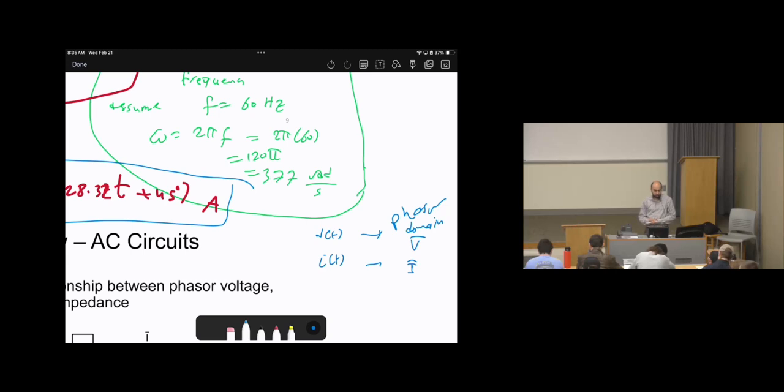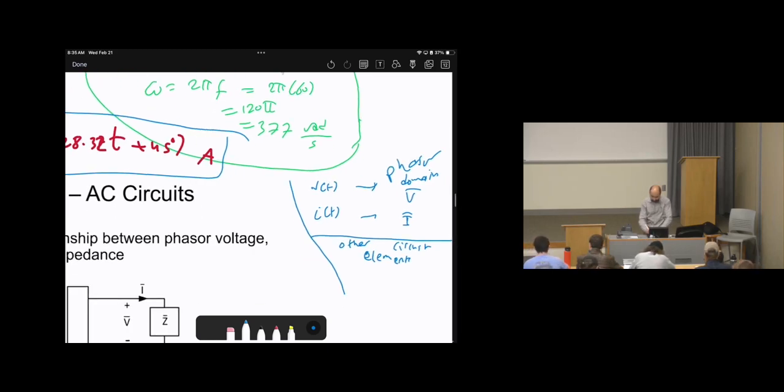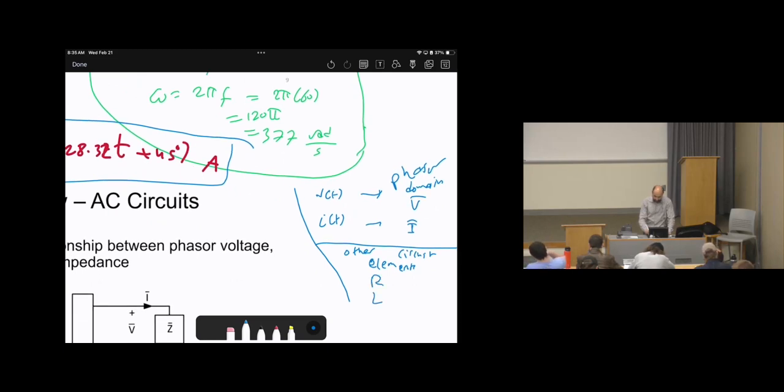I have something else, which is, how about if we need to convert other circuit elements? How about if I need to convert resistor, inductor, capacitor? How can we convert this?